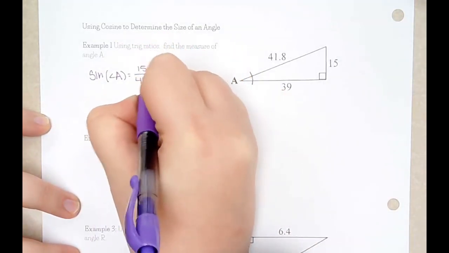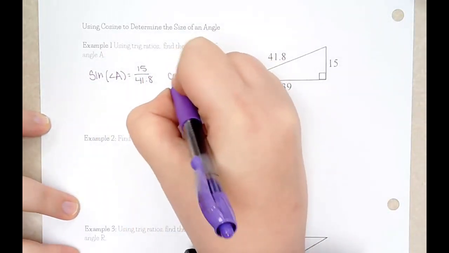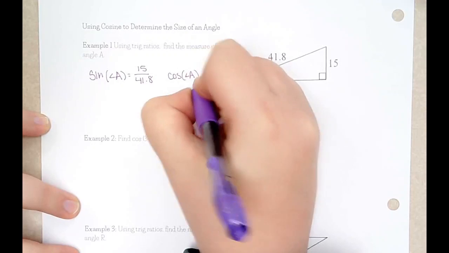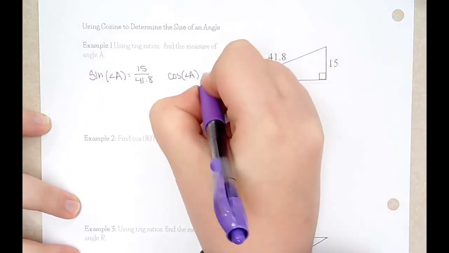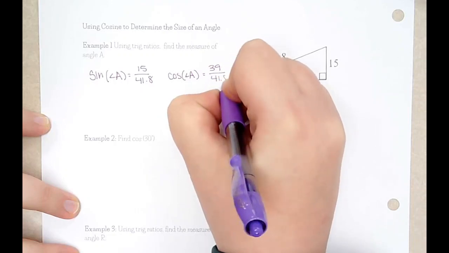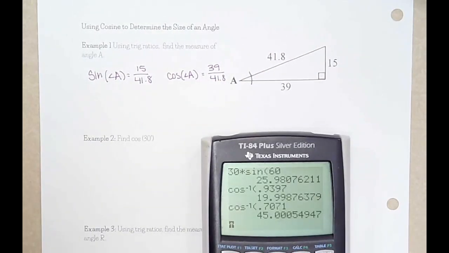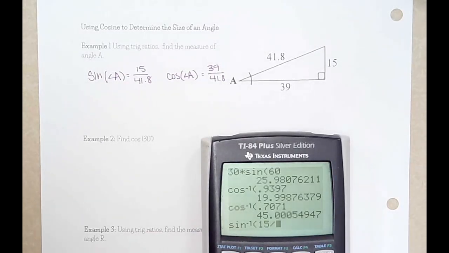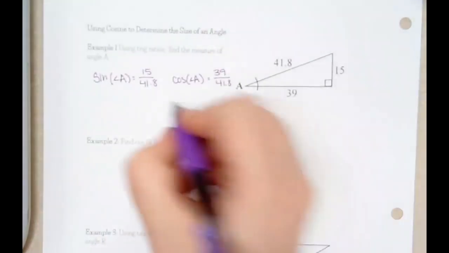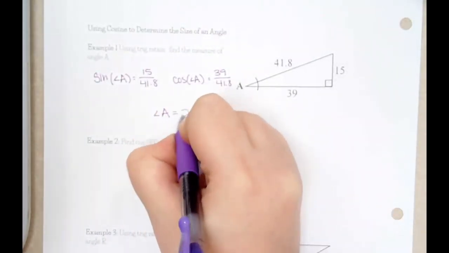I can also set it up with cosine of angle A, but instead of using the opposite side, now I'm going to use the adjacent side, so 39 over 41.8. No matter which way I put it in, sine inverse of 15 over 41.8, or cosine inverse, I'm still going to get the same answer. I'm still going to get A is equal to about 21.03 degrees.